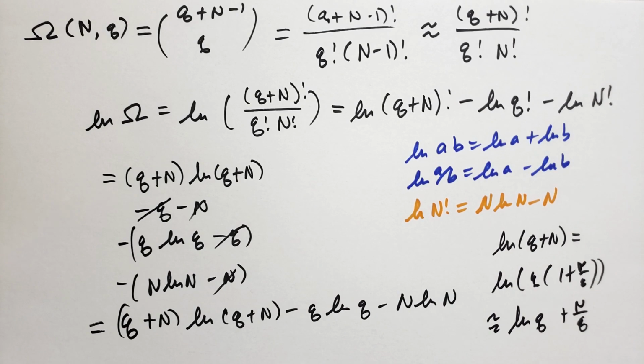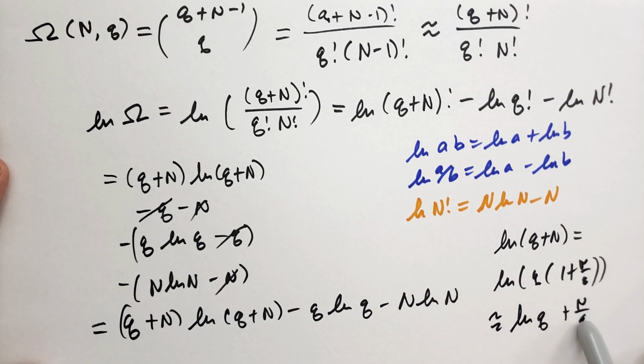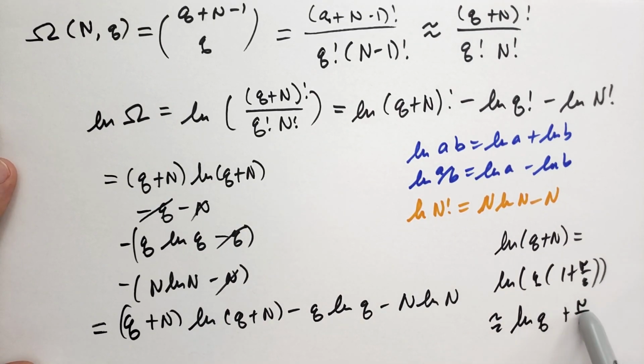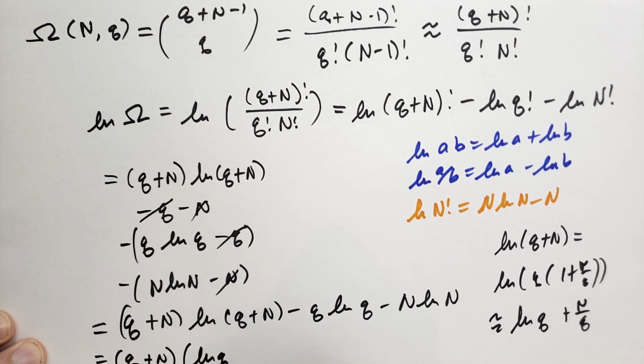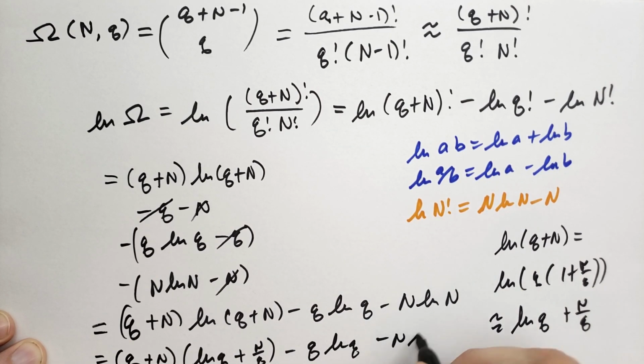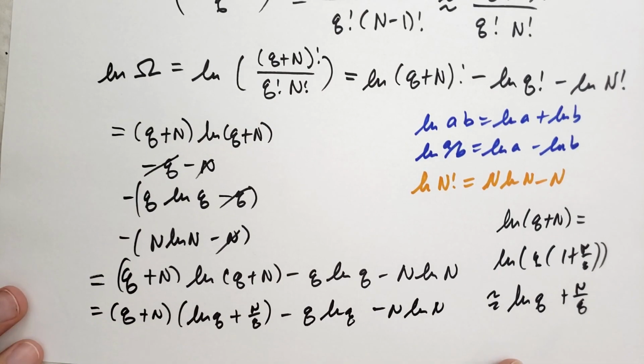And this only works because the ratio of n over q is much smaller than 1, right? We're assuming that n is much larger than q. Well, it doesn't have to be much larger, but it's large compared to. So we get this is equal to (q plus n) times this, log of q plus n over q, minus q log q, minus n log of n.